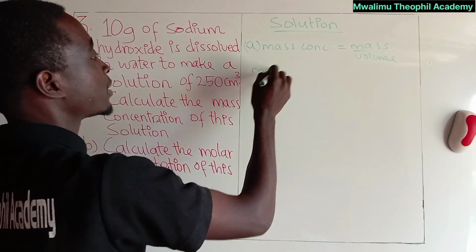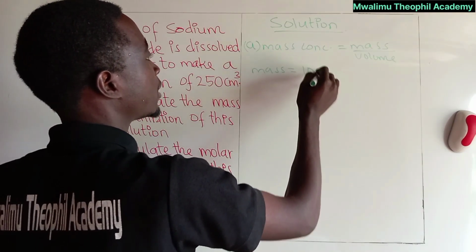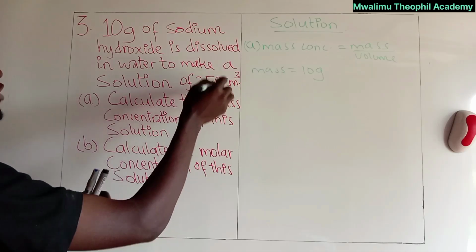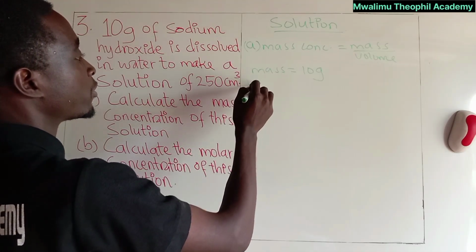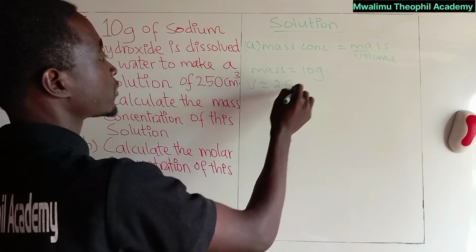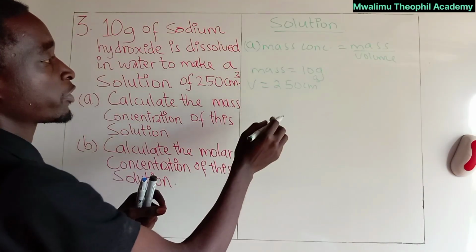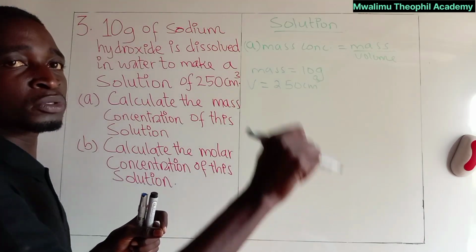Now mass is equal to 10 grams. What about volume? The volume given is 250 centimeter cubic.